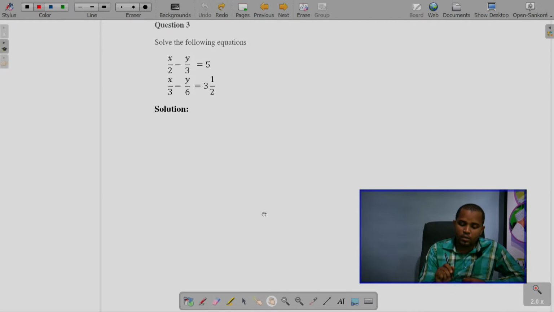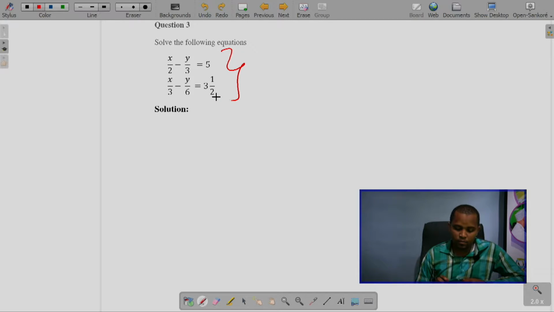So let's move to another question, which requires us to solve these two equations. The first step is to write down the two equations given.